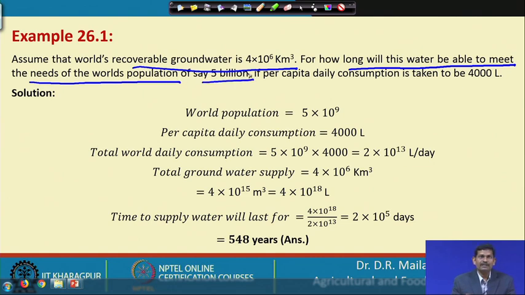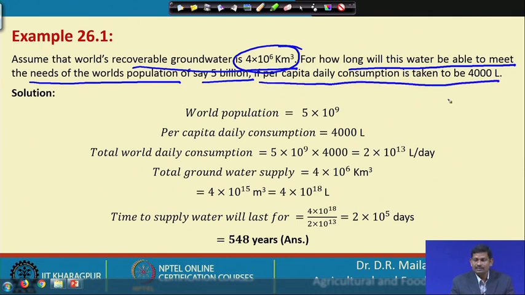Say we have 5 billion population, and per capita daily consumption is taken as 4,000 liters.